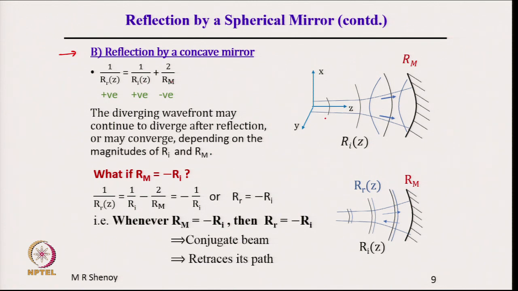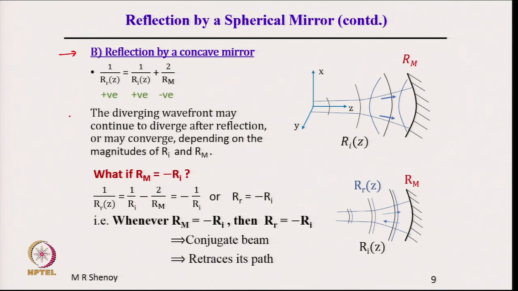So, again as before, we have a diverging beam, which means R_I is positive. These black wavefronts here are positive or convex wavefronts. After reflection, it may be a convex wavefront or may be a concave wavefront.